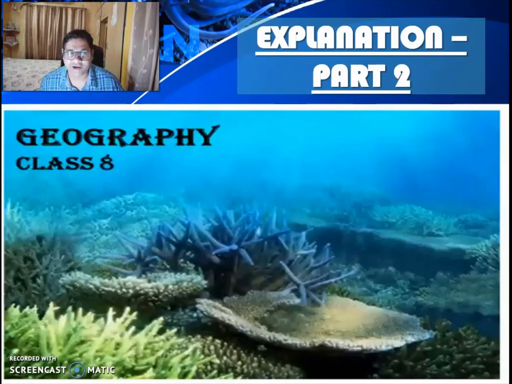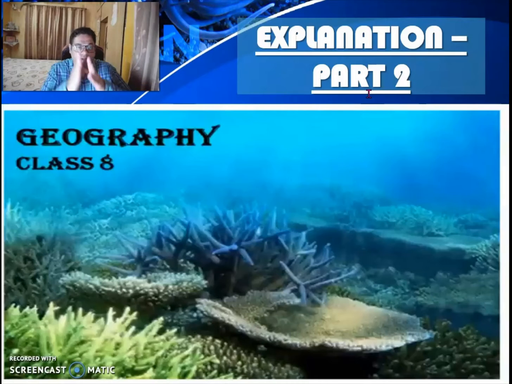Now finally we come to the explanation of part 2, in which we will learn about marine deposition. Now what is marine deposition? Various deposits or things found underneath the sea like pebbles, clay, soil, etc. brought by rivers and glaciers from the continents. Then the lava and ash erupting out of volcanic eruptions.